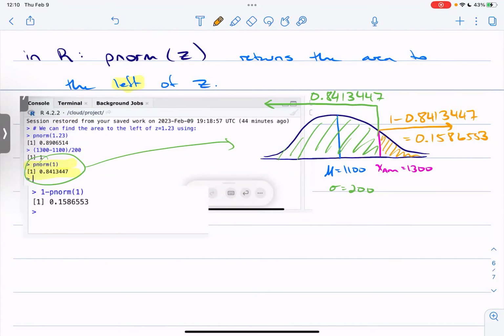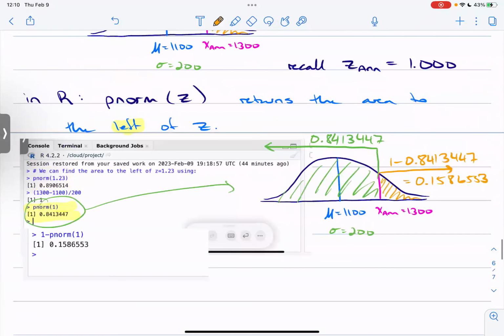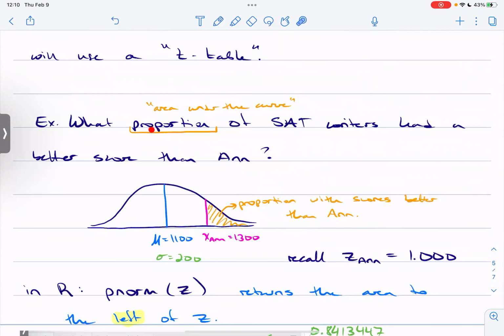It depends on how it was asked. So what proportion? Then just leave it as a proportion. But I could have asked what percentage of SAT writers, and then you would convert it. Sometimes the assignments are clever enough to accept both, but if it's complaining, then make sure that you have it in the right format.